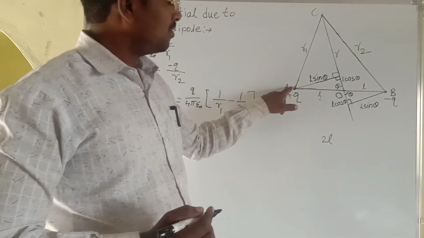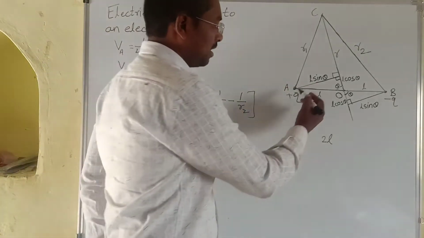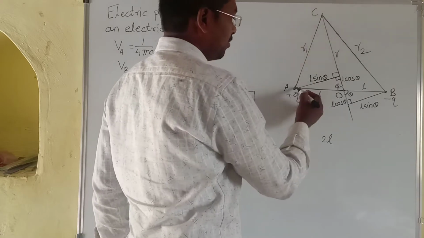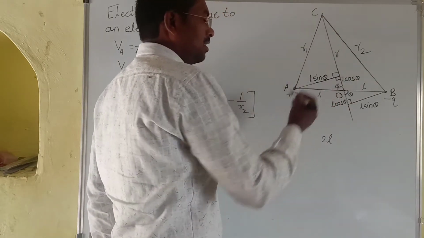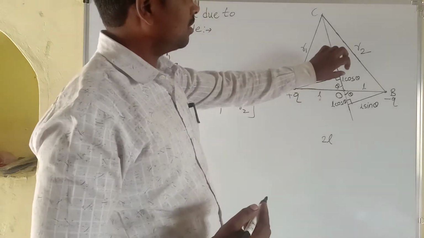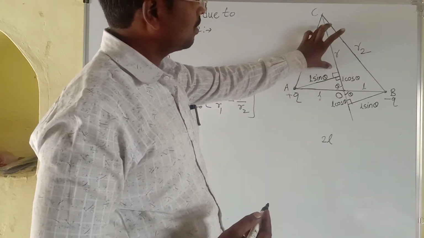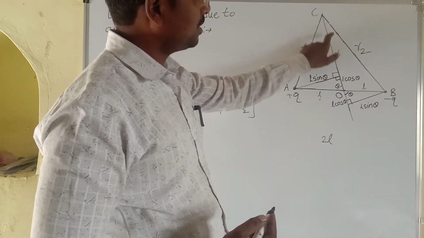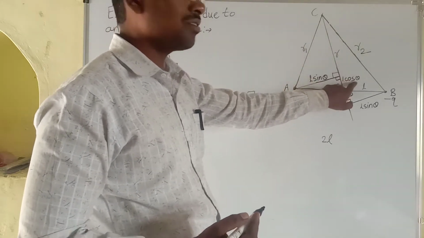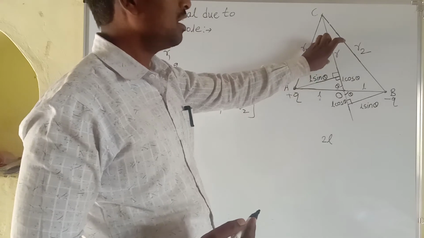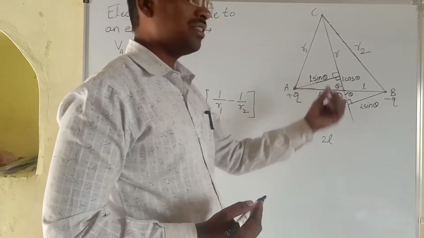Consider this right angle triangle, AC and up to here. In that right angle triangle, this length can be written as R minus L cos theta, and the other length is L sin theta.